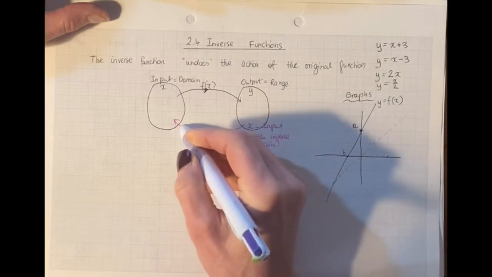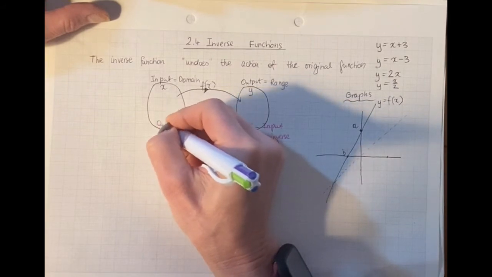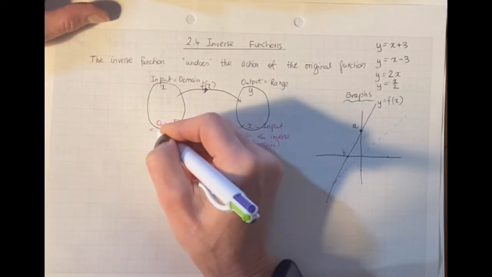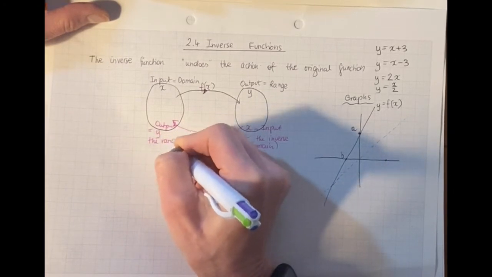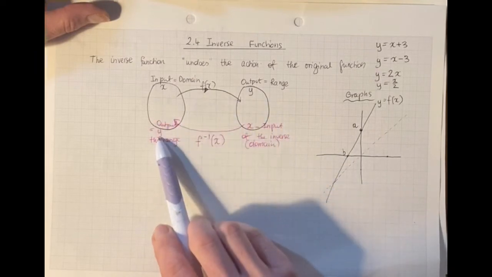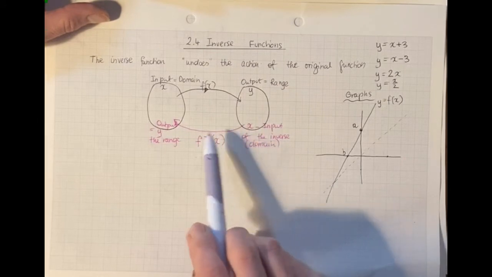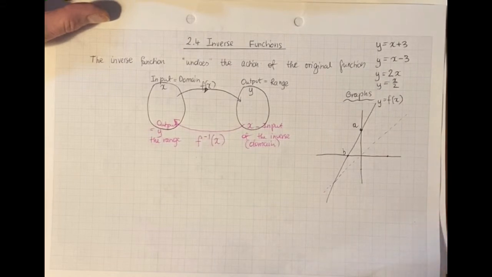Then it goes in and undoes the action of f of x, and the output, which is going to be called for that function its y values, it's going to be the range. So what does it do? It swaps the domain for the range, and the range for the domain, and swaps x's with y's, so the role of x's and y's are switched. So that's the effect of applying the inverse function.